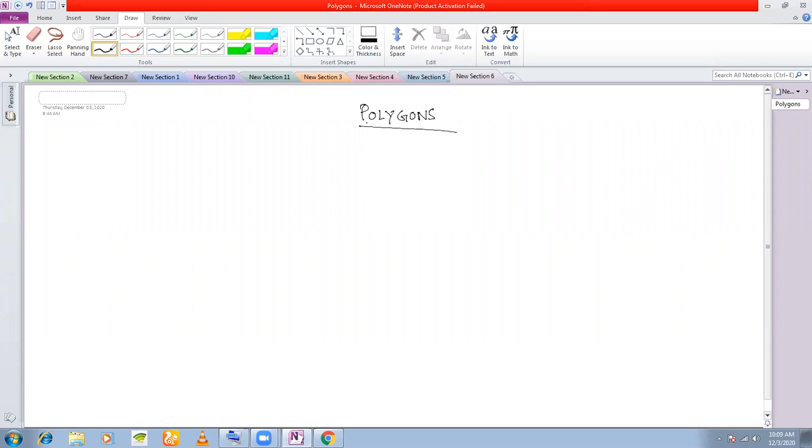Any closed figure bounded by straight lines is called a polygon.